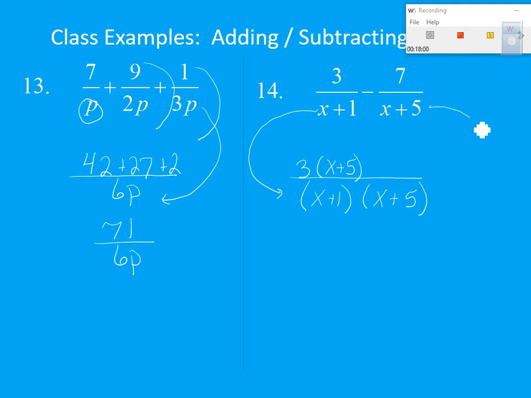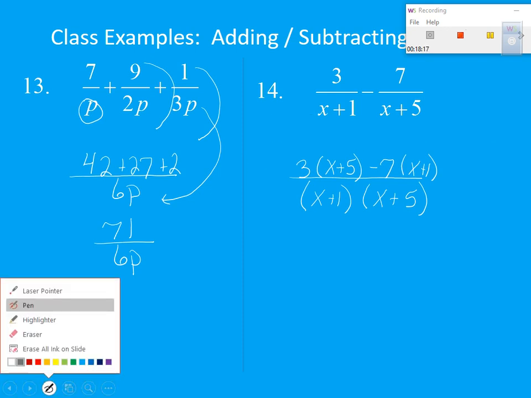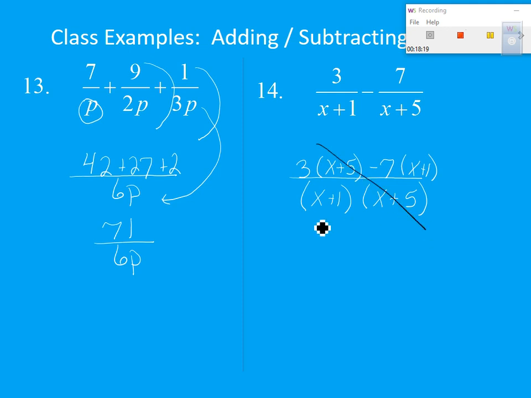Compare this denominator, the x plus 5, to the x plus 1 times x plus 5. I'm missing the x plus 1. So to the negative 7, I'm going to multiply by x plus 1. Now, let me show you one thing that you cannot do. You can't cancel the x plus 5s and the x plus 1s, because then you're just saying your answer is 3 minus 7.